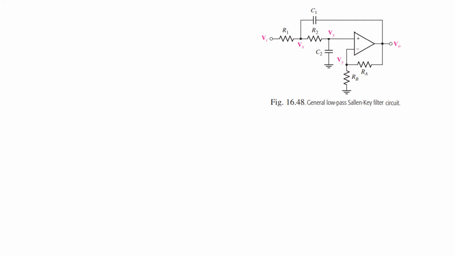And now let's try to find out the transfer function for the non-inverting amplifier only, this part. And we know that the output and input are related by this formula, 1 plus Ra over Rb, which is also the gain of the non-inverting amplifier. So we can write that gain is 1 plus Ra over Rb from here, which is equal to Ra plus Rb divided by Rb.